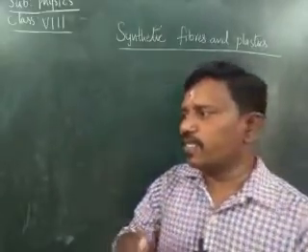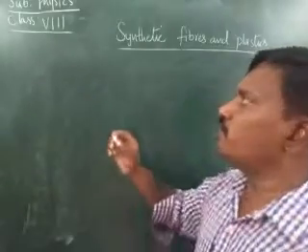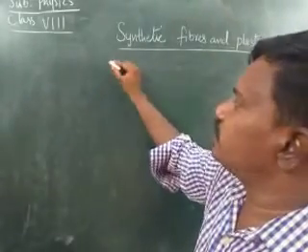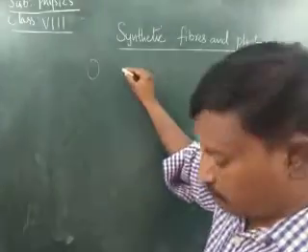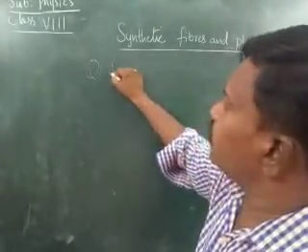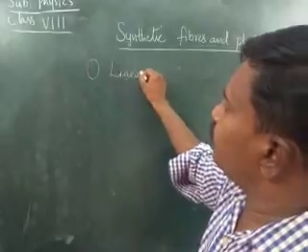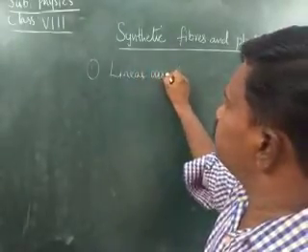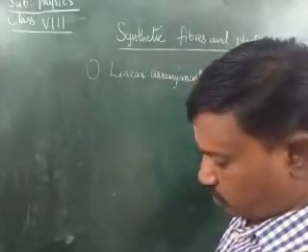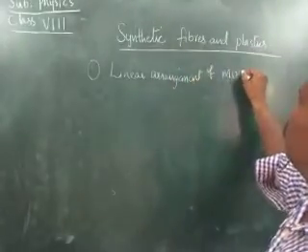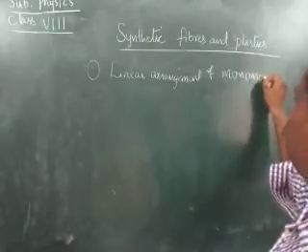Therefore, in plastic the monomers are arranged in two ways, children. The first one is the linear arrangement of monomers.